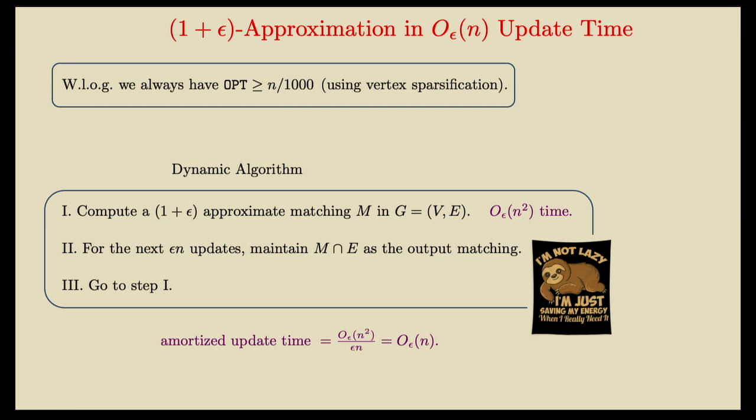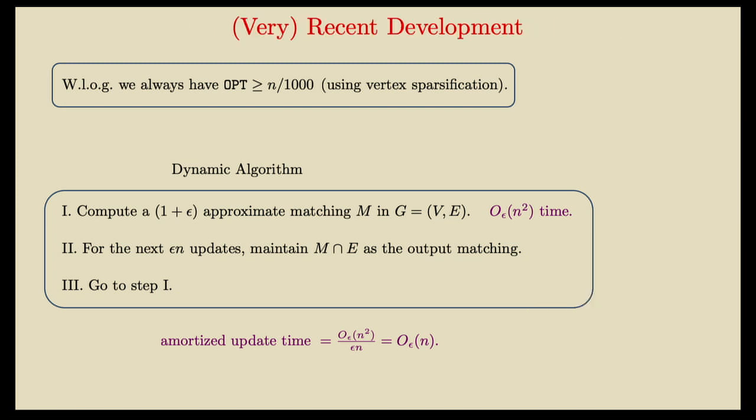Now, here is one highlight. This is a very recent result that we have, it is on arXiv. What we could show was there is actually a 1 plus epsilon approximate matching algorithm that runs in sublinear in n squared time. So, let us say it runs in n to the power 1.99 time.